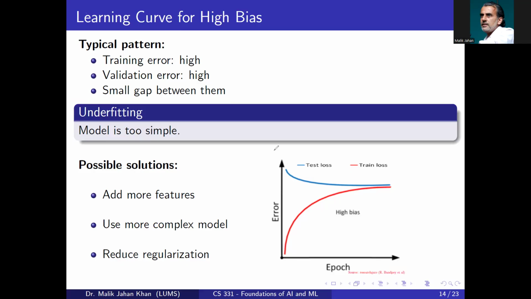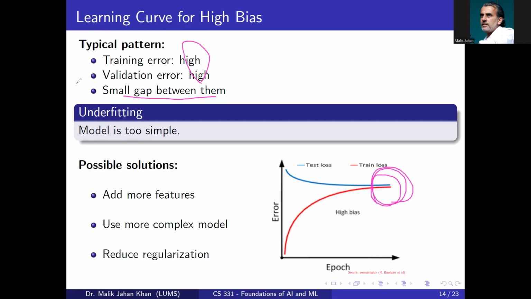So when we say दोनों errors जो हैं ट्रेनिंग का भी और वैलिडेशन का both of them are high, तो you can see over here कि even after a reasonable number of epoch, after a reasonable number of iterations, दोनों जो कर्व्स हैं ना वो नीचे नहीं आ रही, एरर इज रीजनेबली हाई, ब्लू वाला एरर भी और रेड वाला भी है. रेड वाला इज द ट्रेनिंग लॉस, अदर वन इज द टेस्ट लॉस, because both of them are high, so there is a small gap between them. So this is a kind of pretty weak model which is not going to be of much help.